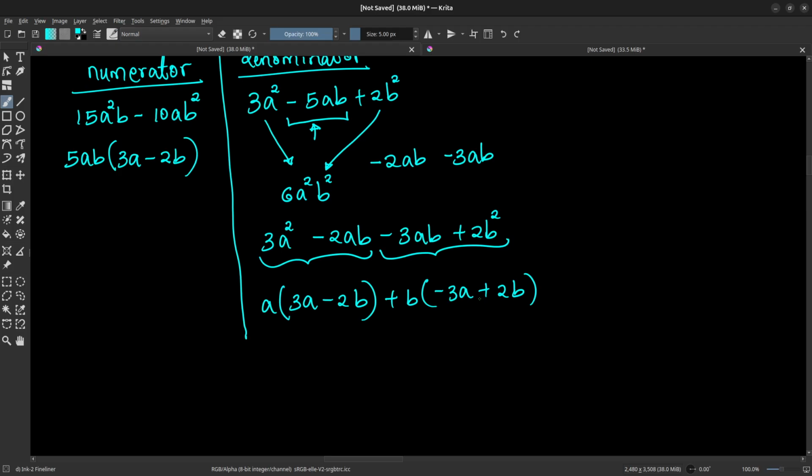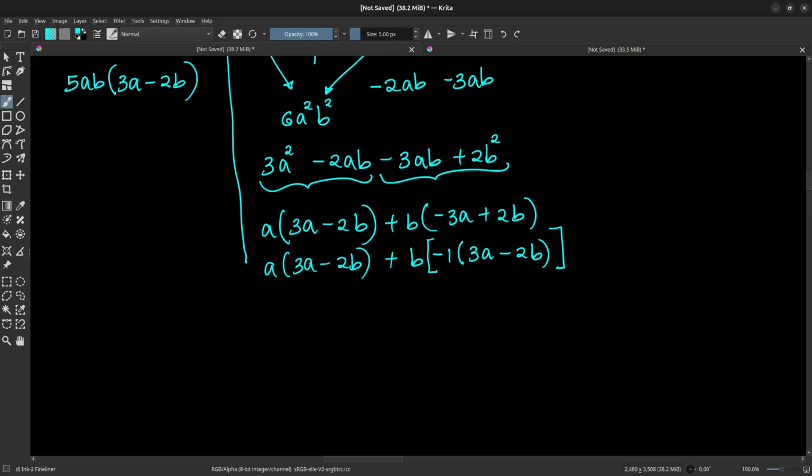So from the second, let's factor out negative 1. Negative 3a divided by negative 1 is 3a, and 2b divided by negative 1 is minus 2b. And we still have the first part, 3a minus 2b.